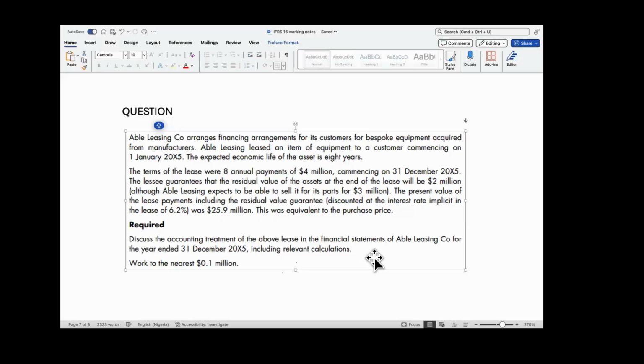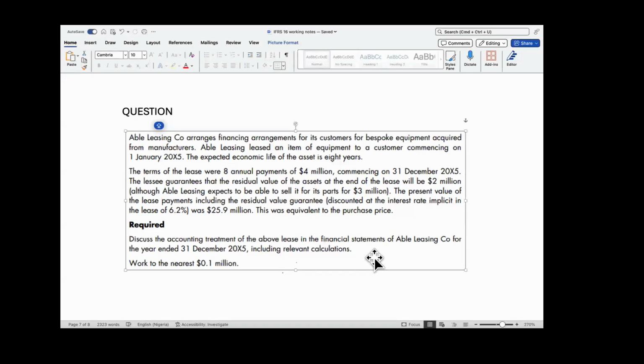The term of the lease is 8 annual payments of $4 million, commencing on 31st December 2005. The lessee guaranteed that the residual value of the asset at the end of the lease will be $2 million, although Able Leasing expects to be able to sell it for $3 million.